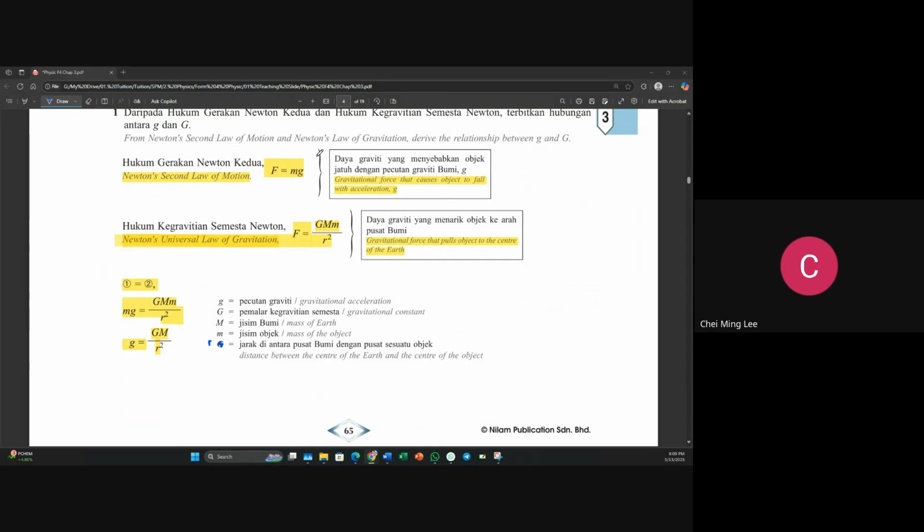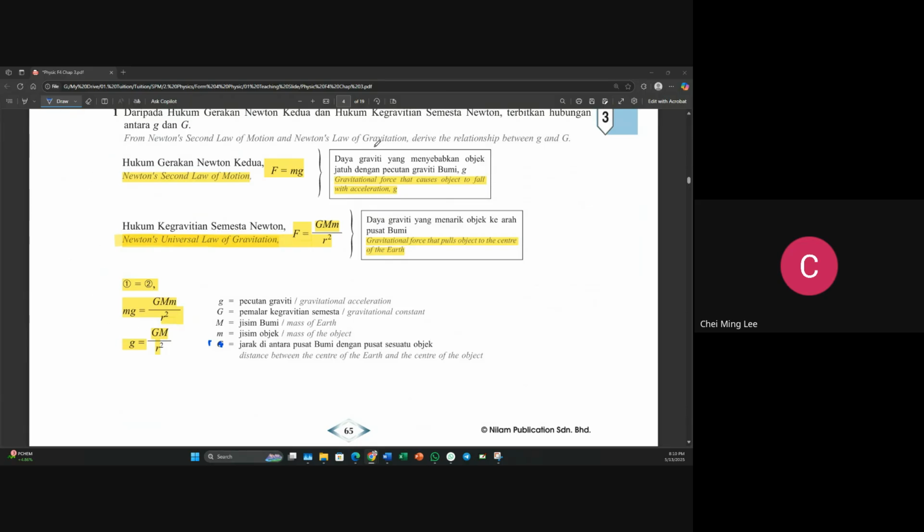This is the first, this is the second, 1 equals 2. So mg equals GMm over r squared, right? The small m and small m cancel each other, so you get g equals GM over r squared, where small g is the gravitational acceleration, big G is the gravitational constant, M is the mass of the Earth, and r is the distance between the center of the Earth and the center of the object.